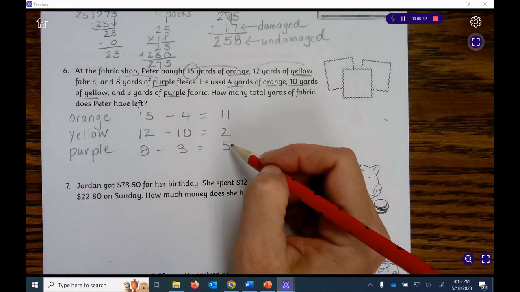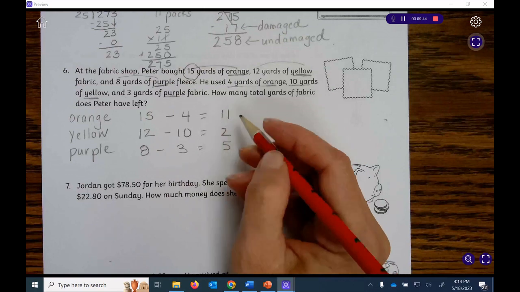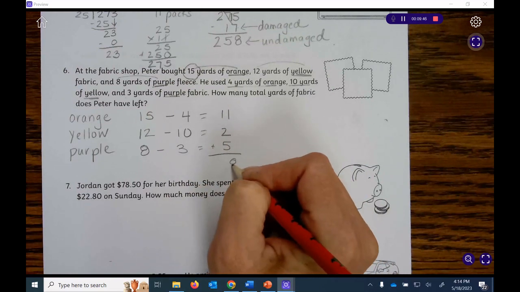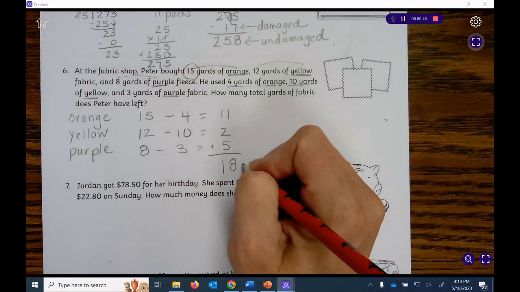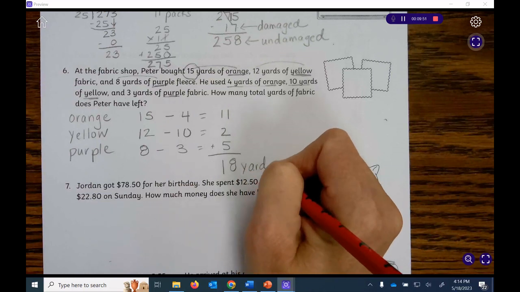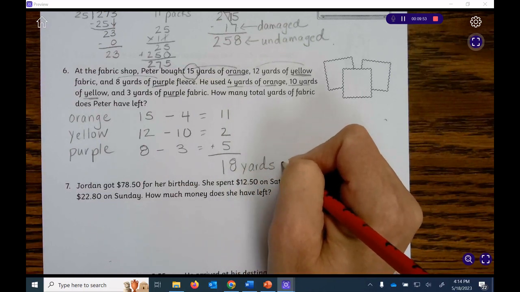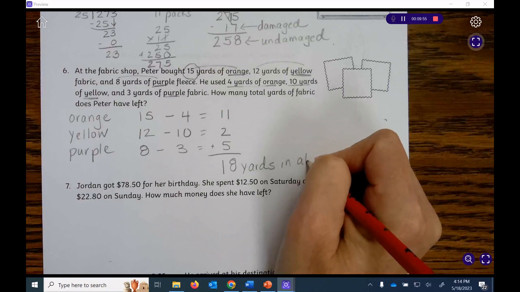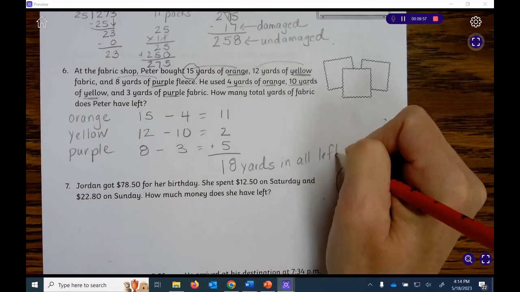And when I add that together, 5, 6, 7, 8, and then 1, I have 8 yards in all left over.